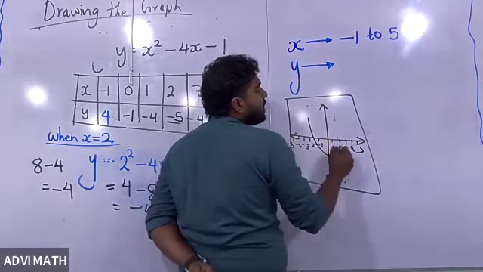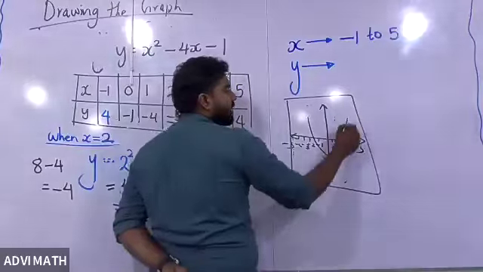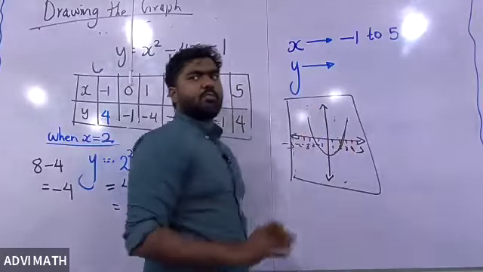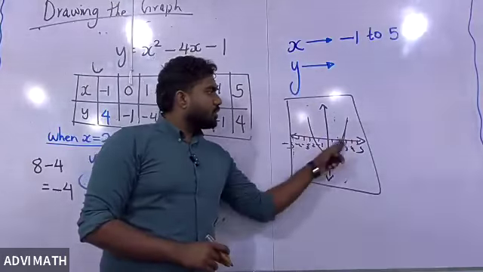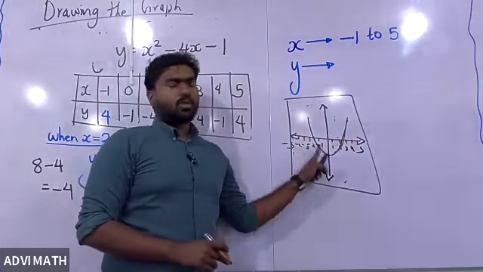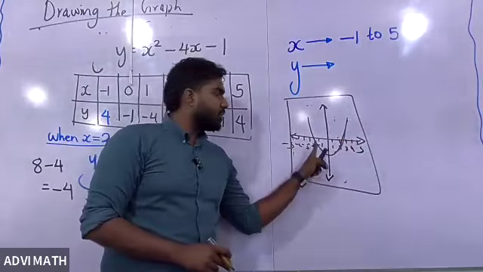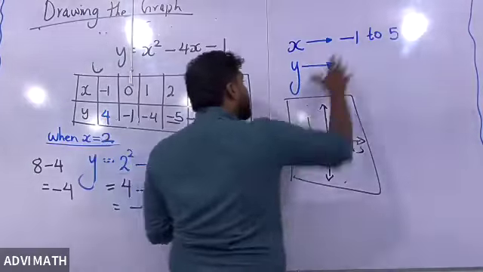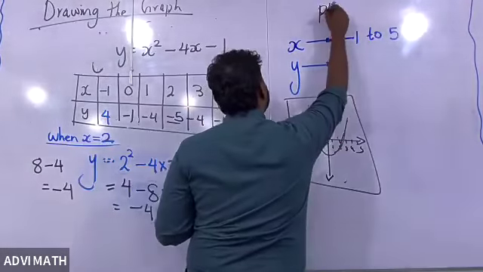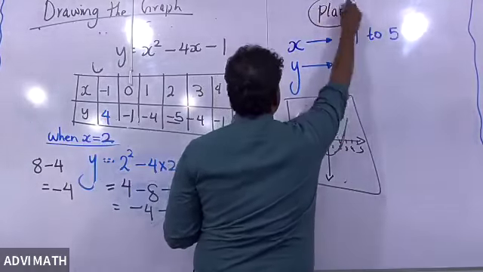Your graph will be on a smaller scale. On graph paper, if you draw like that, sometimes you can get the roots wrong. I'll teach you what roots are and all those things. Guys, please stick to planning the graph. This is the most important thing.